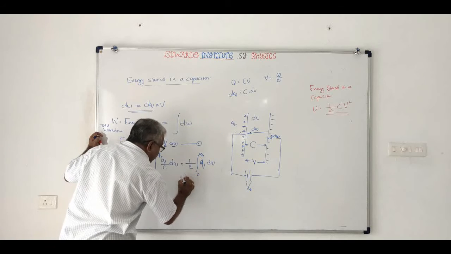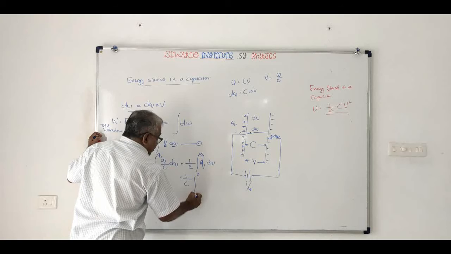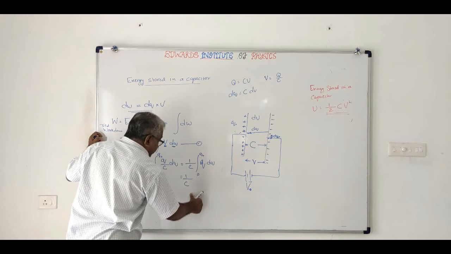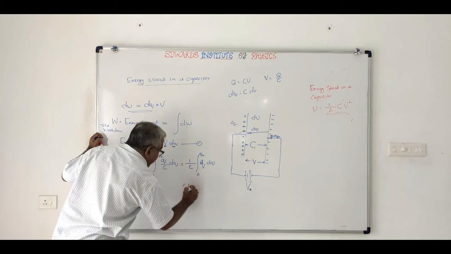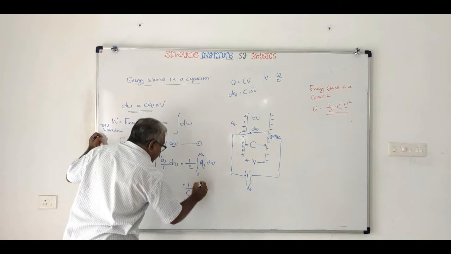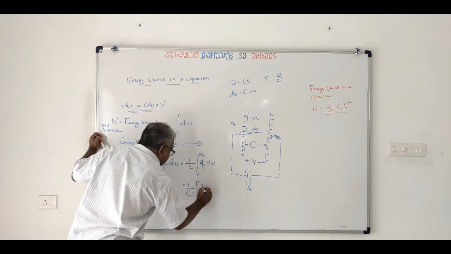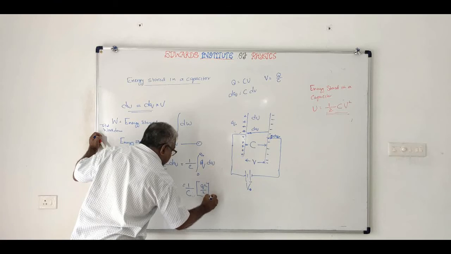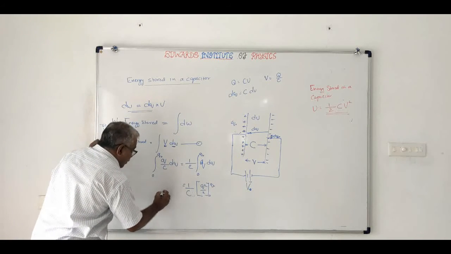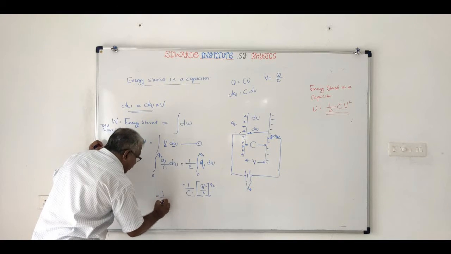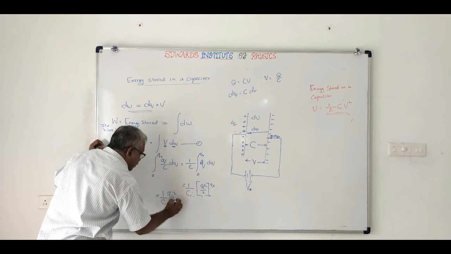That will be equal to 1 by C into, what is integral Q dq? Q square by 2, 0 to Q0, and that will be equal to 1 by C into Q0 square by 2.